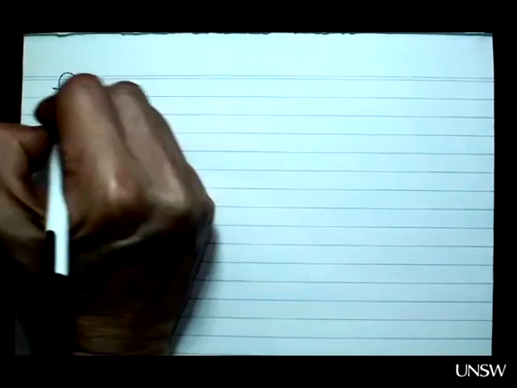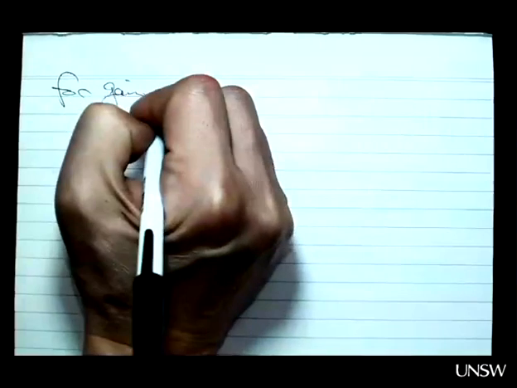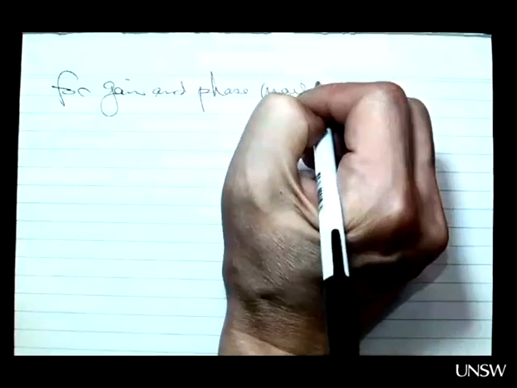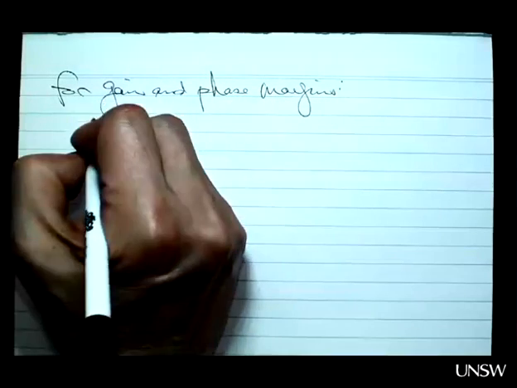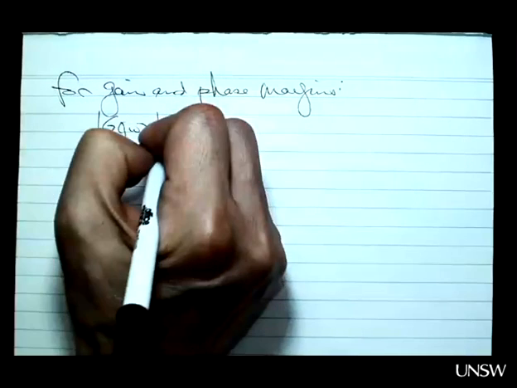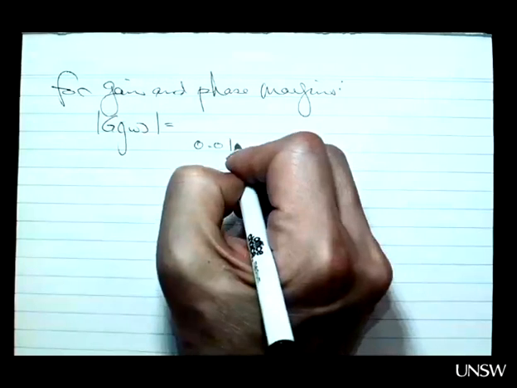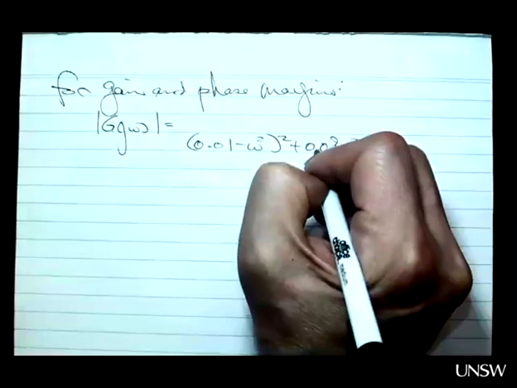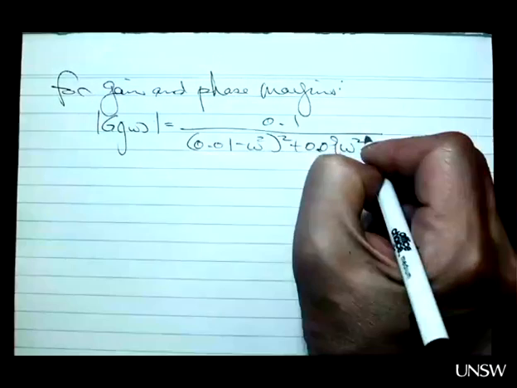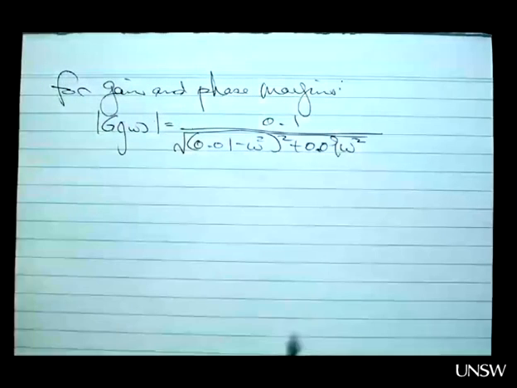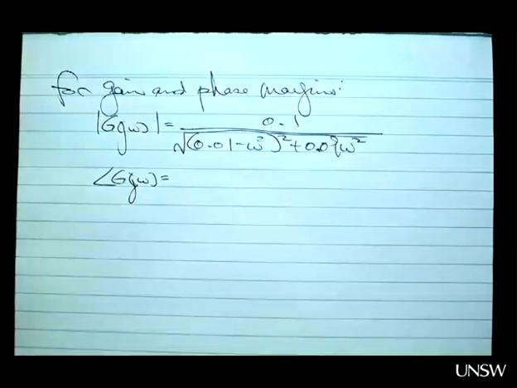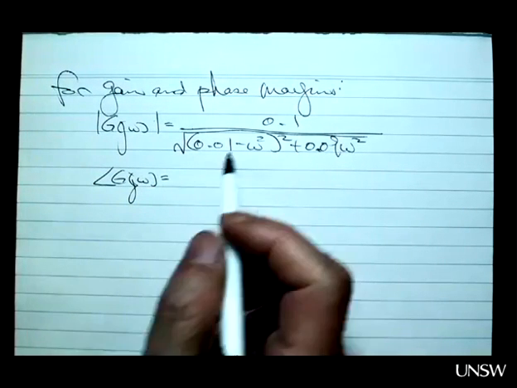Okay, for gain and phase margin. So the magnitude is, in our example, and then the angle, it is minus arctangent minus 1.